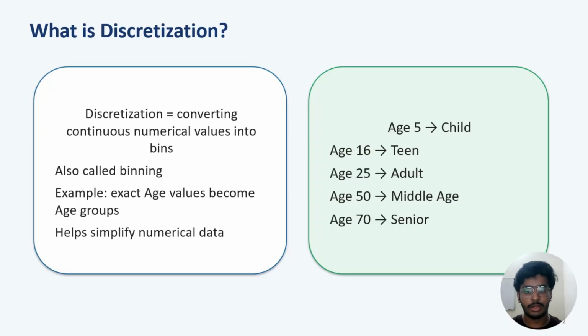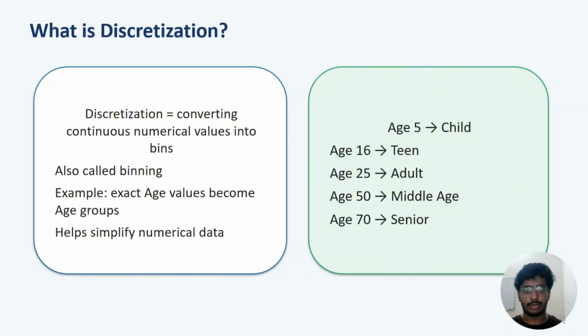For example, 0 to 10 can be child, 11 to 20 can be teen, 21 to 40 can be adult. This process of converting continuous values into groups or intervals is called binning or discretization, any word will be fine. So in simple words, discretization means converting continuous numerical values into discrete bins or categories.